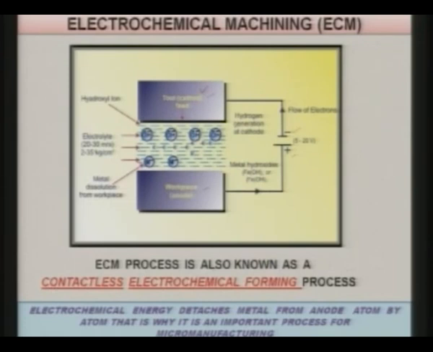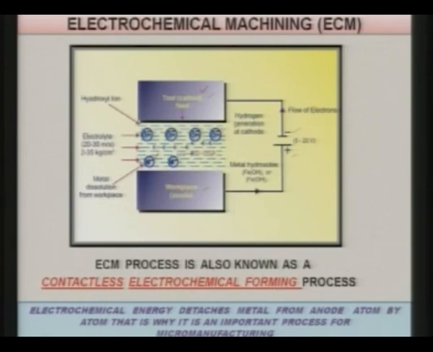During the electrolysis, metal dissolution takes place from the workpiece, as shown here by M++, and hydroxyl ions are evolved during the electrolysis of the electrolyte. These metal ions and hydroxyl ions, having positive and negative charge, combine and form ferrous hydroxide or ferric hydroxide if you are dissolving iron. As the electrolyte flows, there is also evolution of hydrogen gas at the cathode and oxygen gas at the anode.